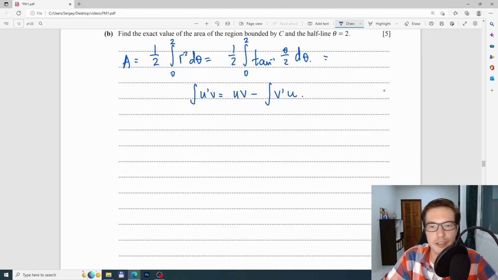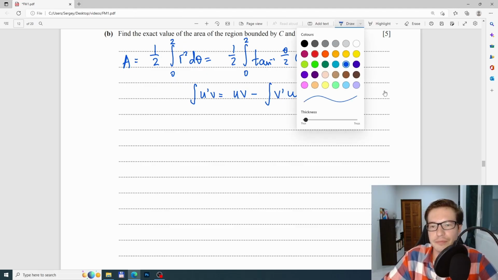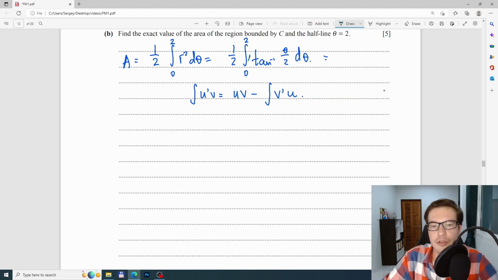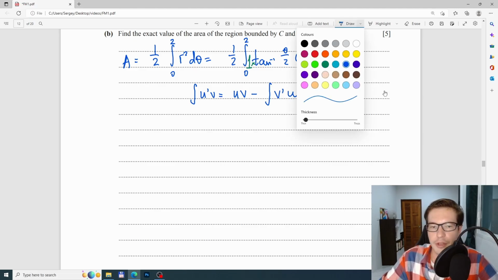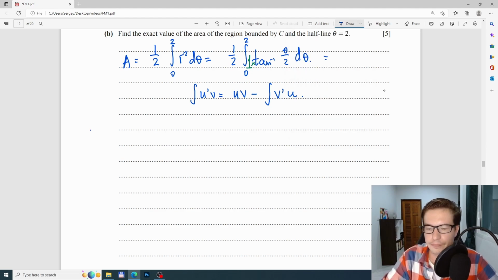There's only one, inverse tangent. And that's the case where I can actually sneak in 1. I will say my integral is 1 times the inverse tangent. And now we'll have to find out where it's going to be u derivative, where it's going to be v.